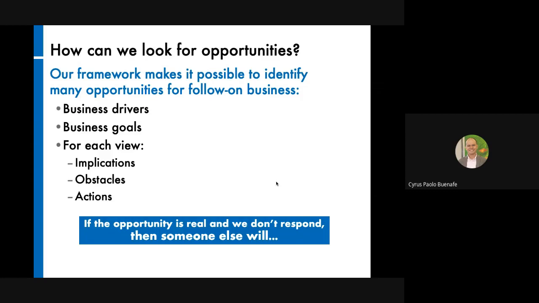In other words, the sources of data to help you look for these opportunities are accessible. It's just a matter of identifying what to use, sorting out the useful from the useless, and there you have it. Okay. And then for each view, we said we look at four views simultaneously.